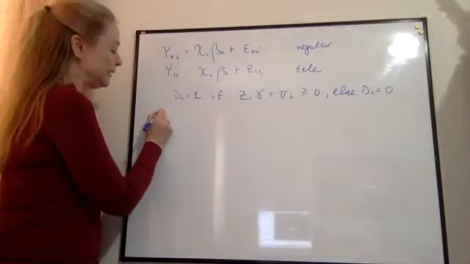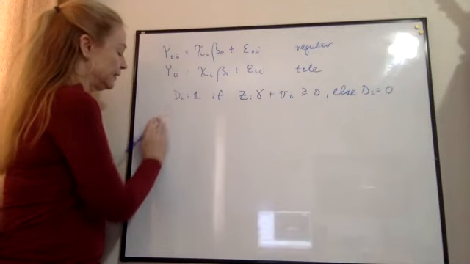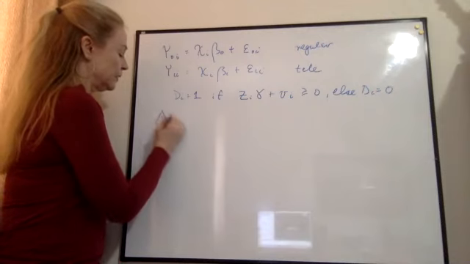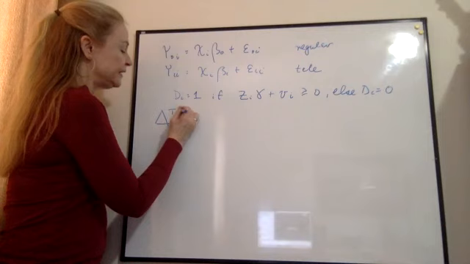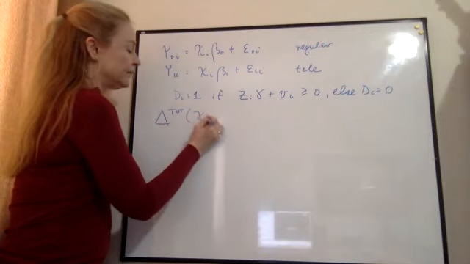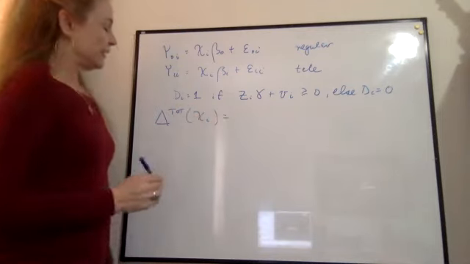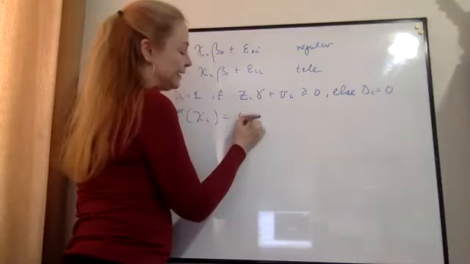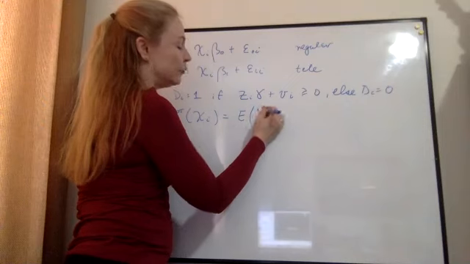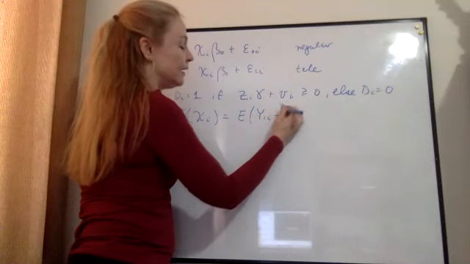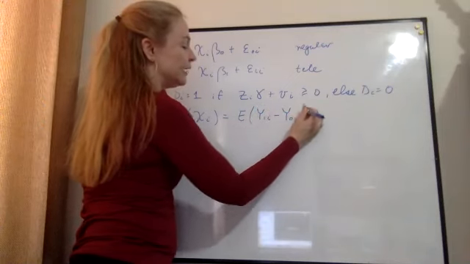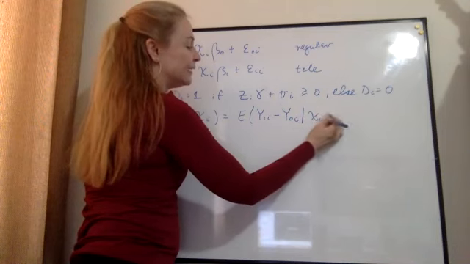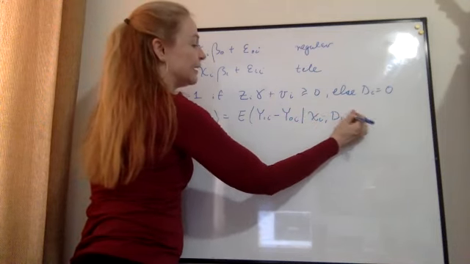So treatment on the treated, I'm going to call it delta TOT, and that depends on your X. So that would be the E of y1i minus y0i given X_i and given D_i equals 1.